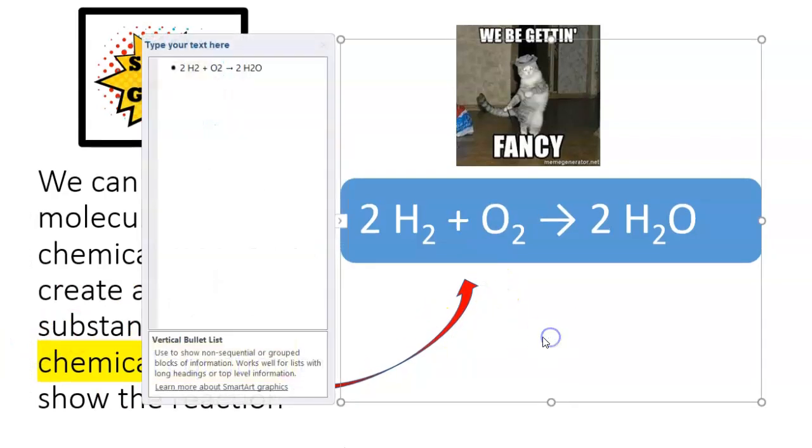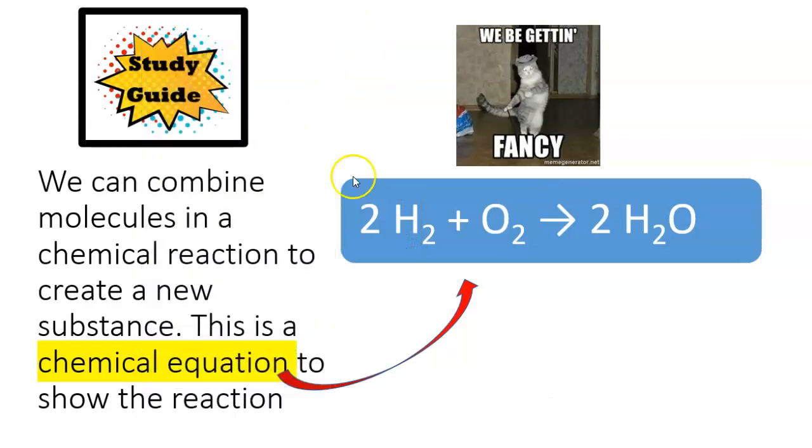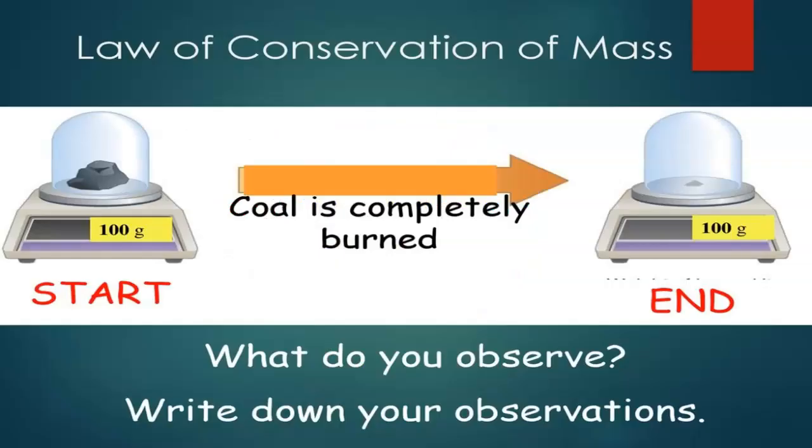And we use what is called a chemical equation to show the reaction that happens. Okay, let's take a look at more study guide answers. I believe this is still number 2, guys. Let's go to number 2 now.